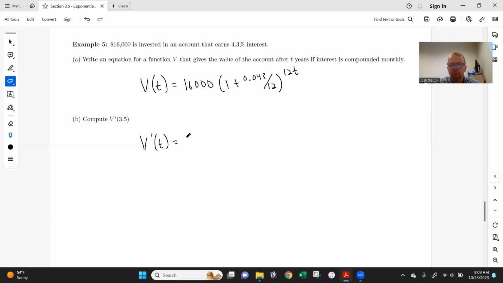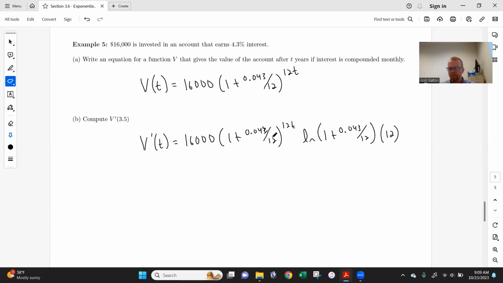So we're going to do the same thing with the derivative. We're just going to leave it like that. And then we have to multiply by the ln of the base, and then times the derivative of the exponent. So anytime you do any exponential derivative like this, you always just write the exponential part.